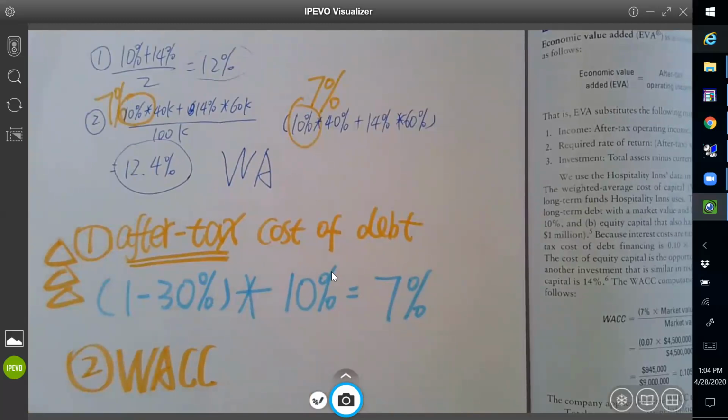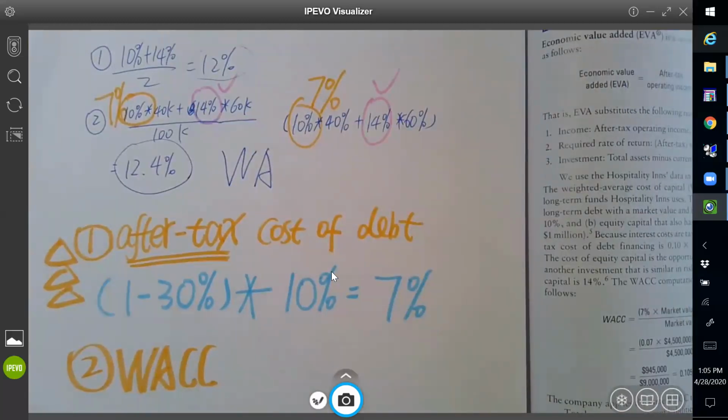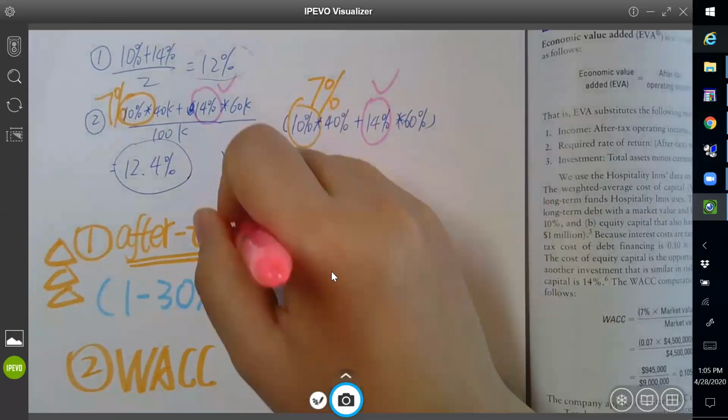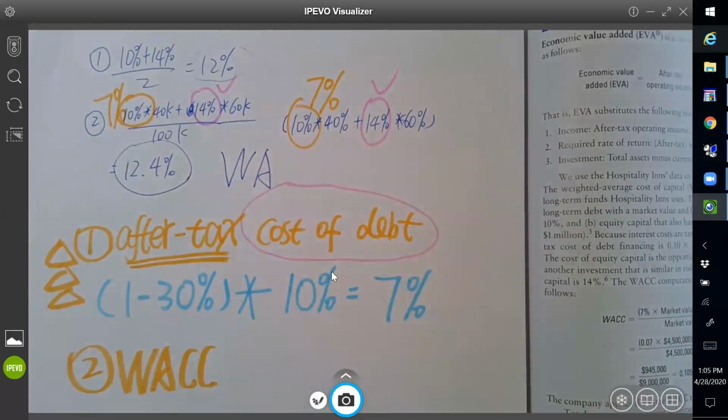The cost of equity is not affected by tax. Cost of equity will still be 14%, because your dividend has nothing to do with your tax. So we only adjust the cost of debt using the after-tax rate.